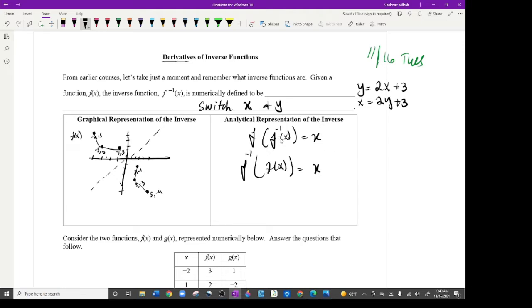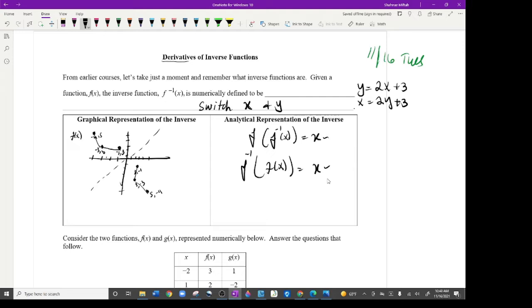It's supposed to mean if you have two different functions, then the x here can be y, and this y is going to be x. In either way, when you do the composition, you should get x as the answer. When you solve the problem, that is giving you an analytical representation of the inverse.